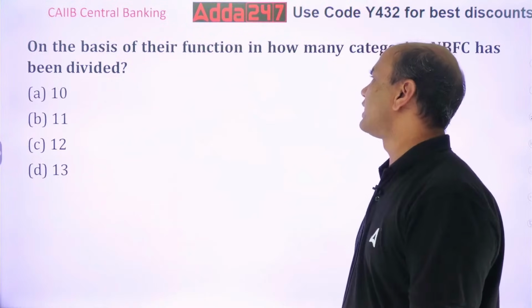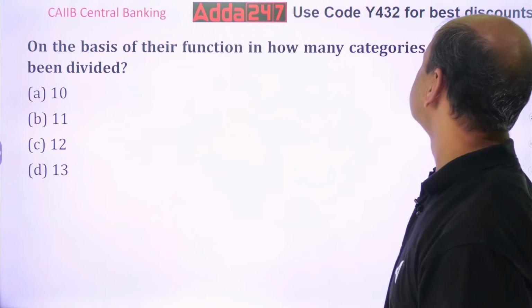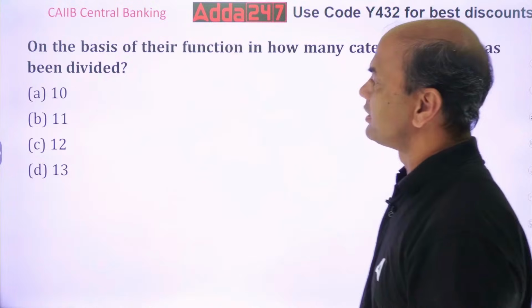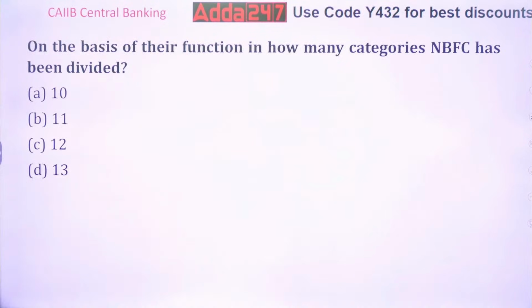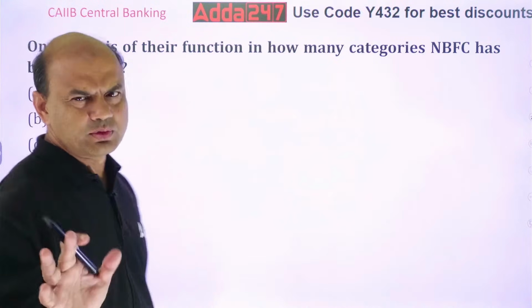On the basis of their function, in how many categories have NBFCs been divided? What is the division of NBFCs? Firstly, how many NBFCs do you know practically?